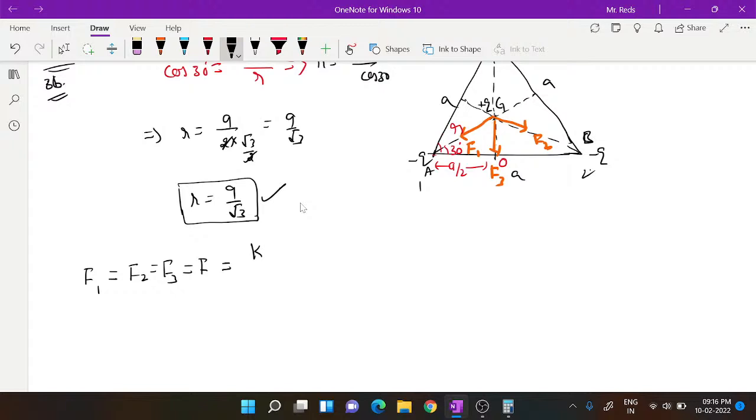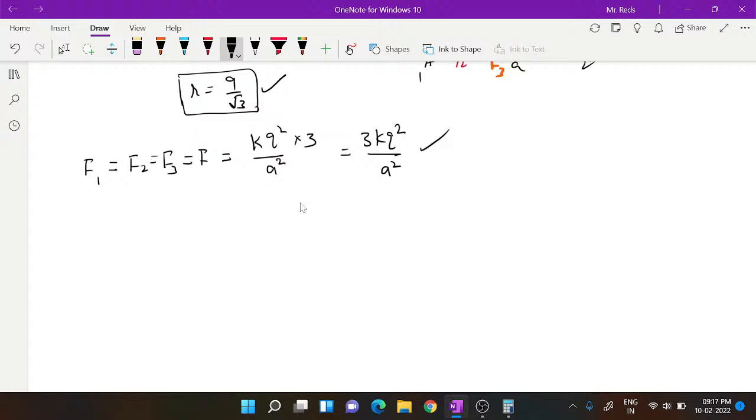Q1 and Q2 are the same Q, so Q square by R square, where R square is A by root 3 whole square, which is A square by 3. The 3 goes to the numerator. So you can write this as 3 K Q square by A square. So this is your F.